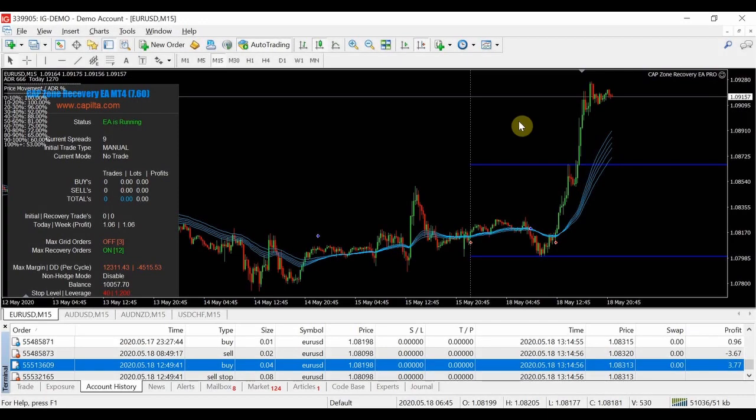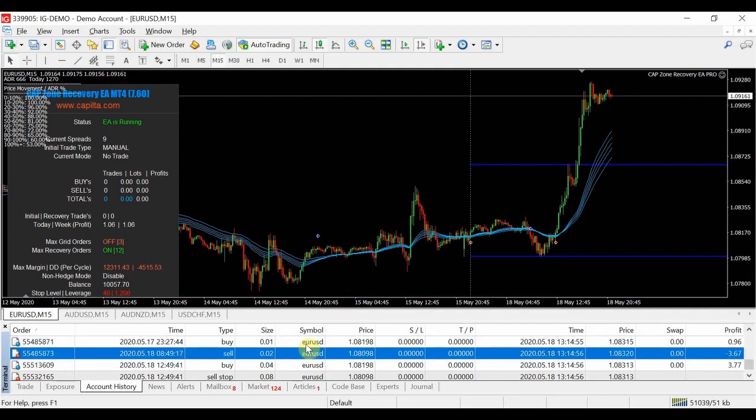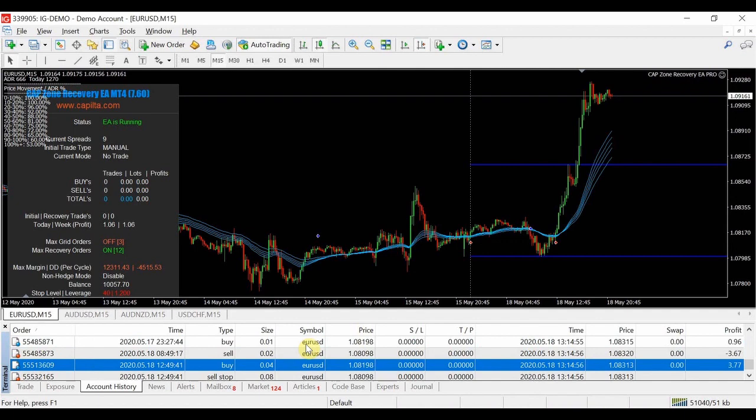Monday evening here in the UK, and as you can see, the Euro USD absolutely smashed its ADR target, nearly doubling it for today. You can see in my terminal that we have closed out all trades in profit.